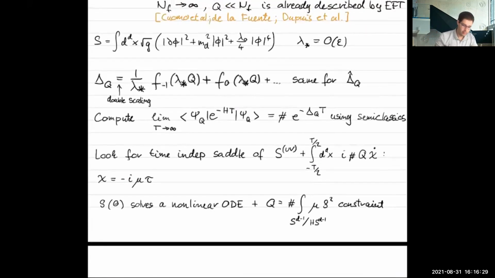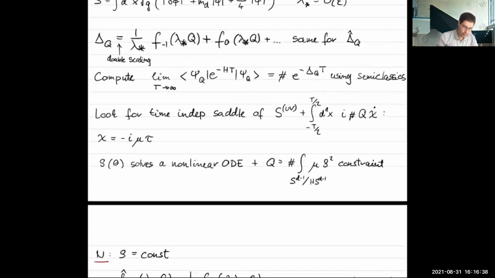So we again do a change of coordinates in field space to rho and the phase chi, and we look for a time independent saddle point of rho. It solves a nonlinear ODE with the constraint that the integral of the charge density is equal to Q. So you may remember that the current went as rho squared.